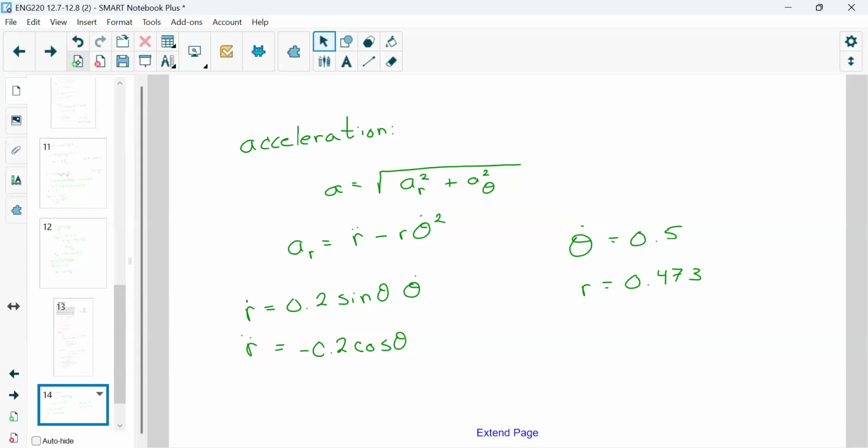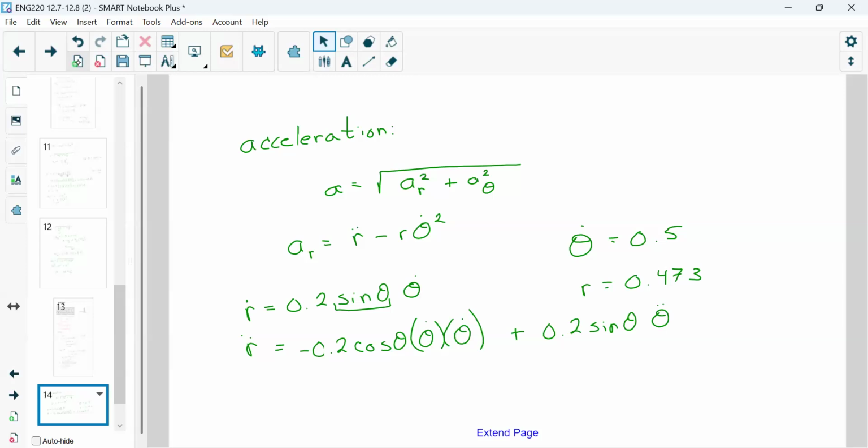Cosine of theta times theta dot times theta dot. That's the derivative of my first. Then we do the derivative of the second, negative 0.2 sine of theta, theta double dot.